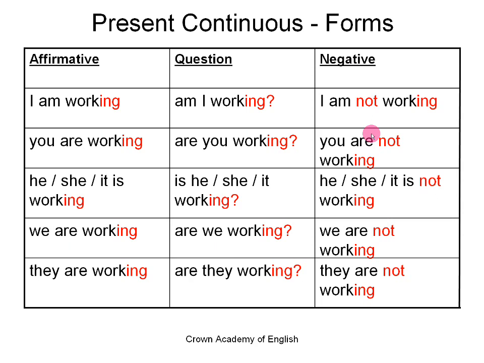So for example, for the first line we go from I am working in the affirmative, and this becomes, in the negative, I am not working, you are not working, he, she, it is not working. Alright? So the important word here is the word not. And in the question form, again, as I said, we just reverse the verb to be, and the affirmative we've already seen, it's the verb to be plus the ing.